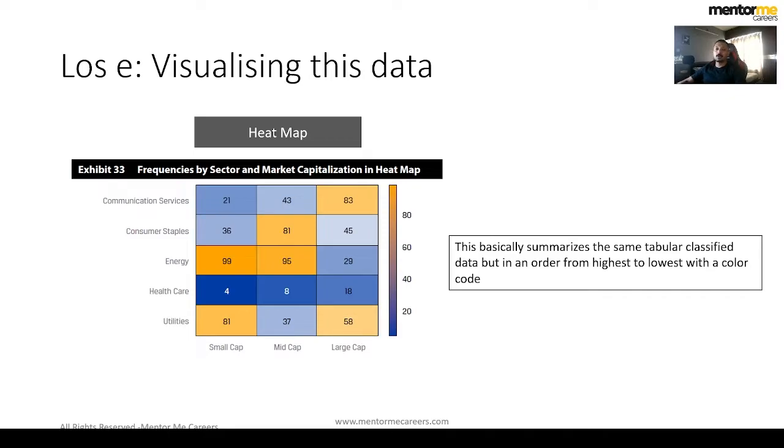Okay, now this is also called the heat map. Well, there is no heat map function in most spreadsheets, but it's trying to again summarize the same tabular data that we had, the same which we showed in the tree map. Again, you're trying to show it in a heat map. The only difference is you're using two sections of data.